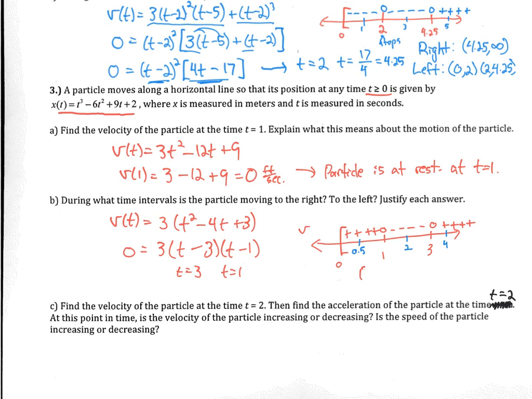So what that means is that the particle is moving to the right from 0 to 1 and 3 to infinity. And the particle is moving left from 1 to 3. Because the velocity is positive, and then the velocity is negative at each of those intervals, respectively.